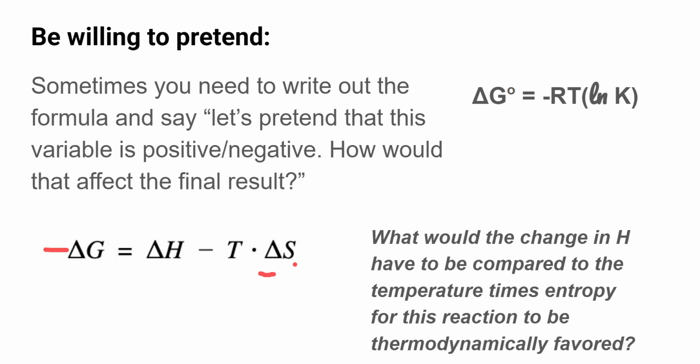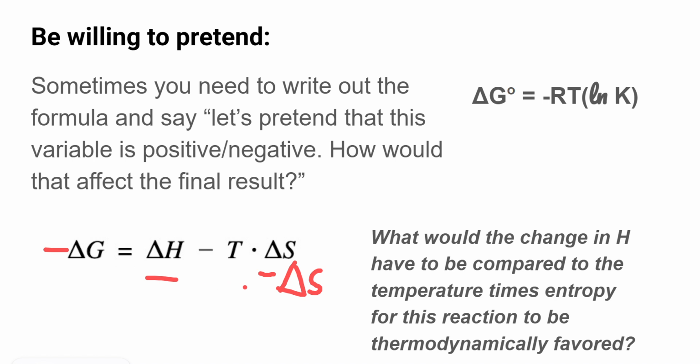where delta S was negative. So I've got a negative T times a negative S, that's positive. That means my delta H would have to be negative, and significantly negative, to get rid of that and make this overall negative.